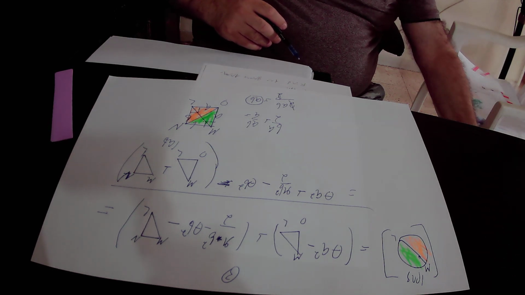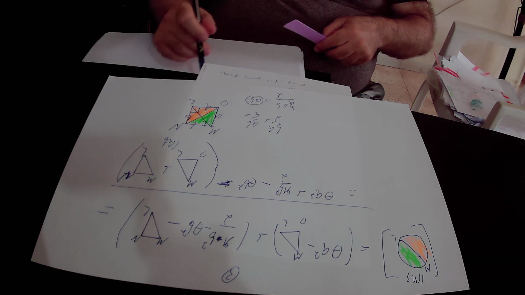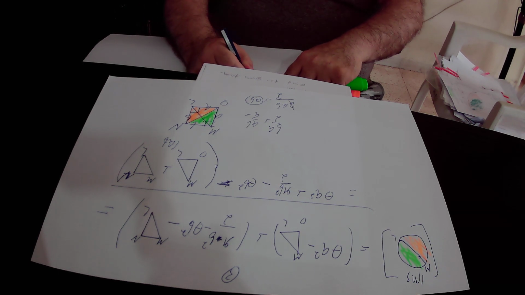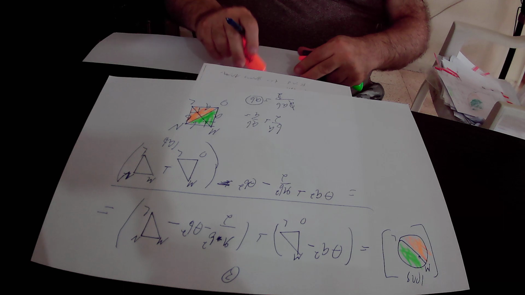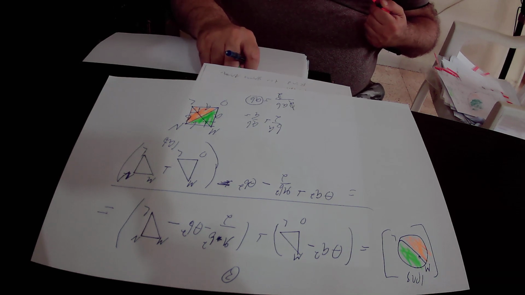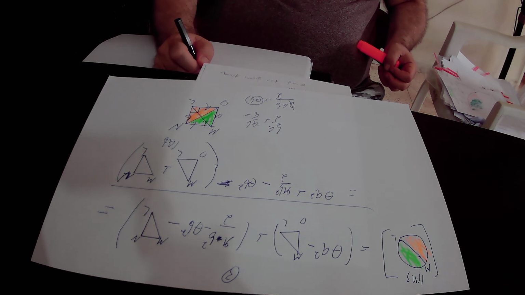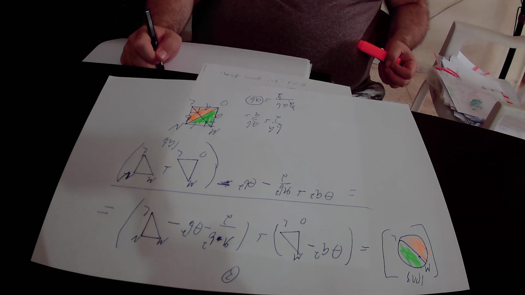Okay. So, in conclusion, I found out that the area of the lens equals this expression, that is theta a square plus pi b square over 2 minus theta b square.